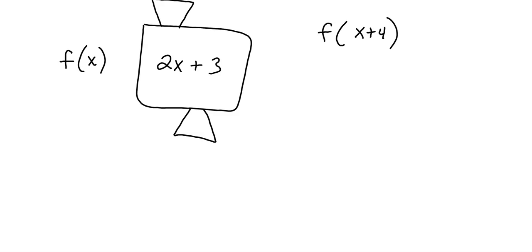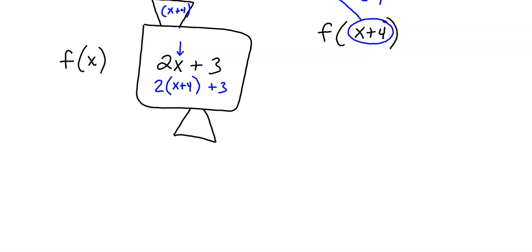And you're like, well, wait a minute, how do I do that? That's not a number. So this is an expression. And all you're going to do is take this algebra expression and drop it in. But you're going to drop it in making sure that you have parentheses. So you're going to drop it in right there. So wherever you see an x, you're going to substitute, instead of x, that whole expression.